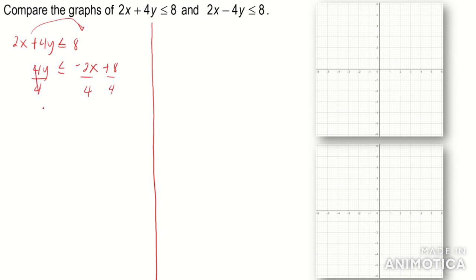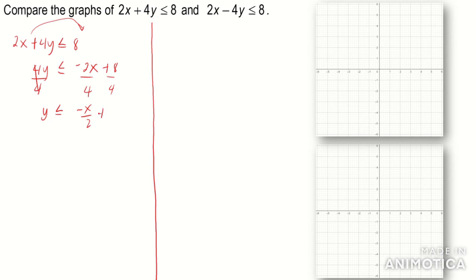Okay. So you have y is less than or equal to negative x over 2. That is because the common factor of 2 and 4 is 2. So 2 divided by 2 is 1, or negative 2 divided by 2 is negative 1. When the coefficient is negative 1 or 1, we do not write the 1 anymore. 4 divided by 2 is 2.